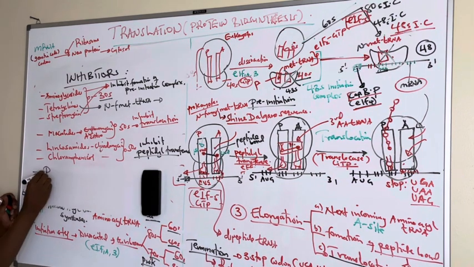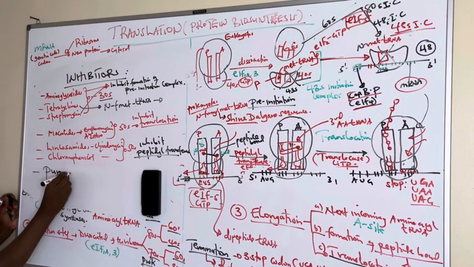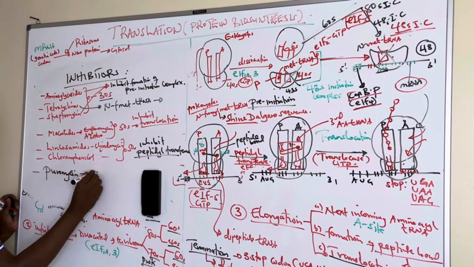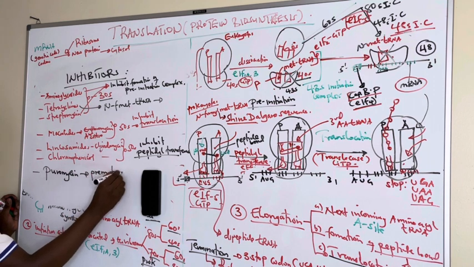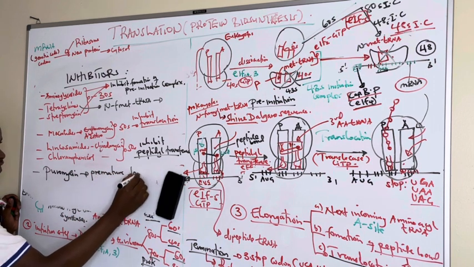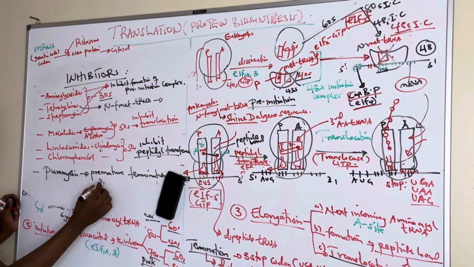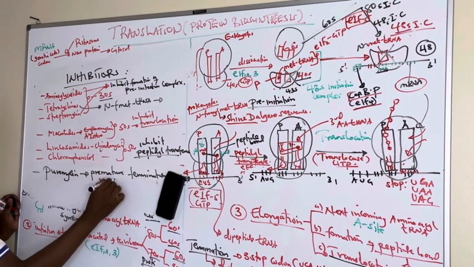Lastly is puromycin. And puromycin causes premature termination of the polypeptide chain.